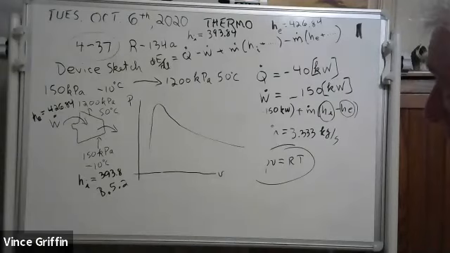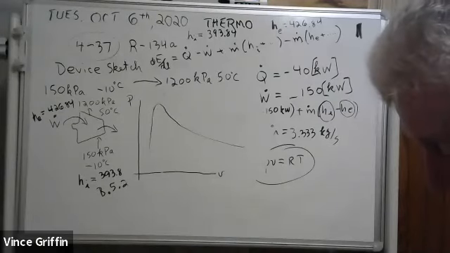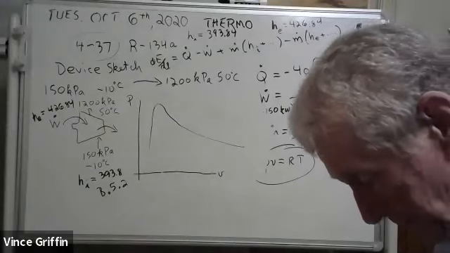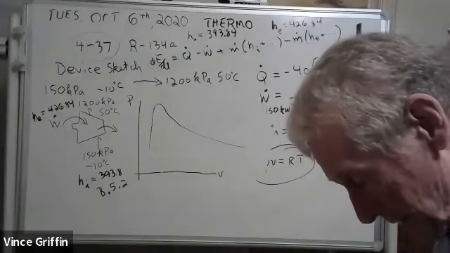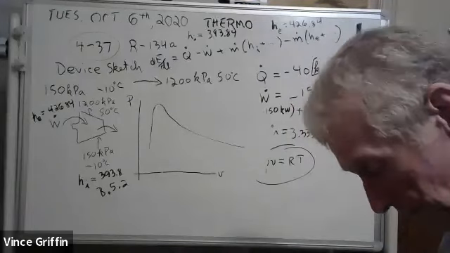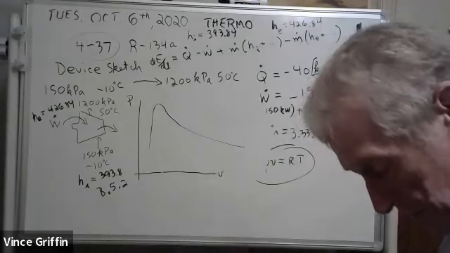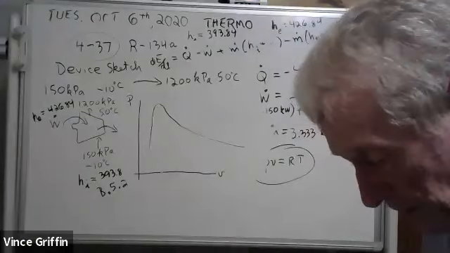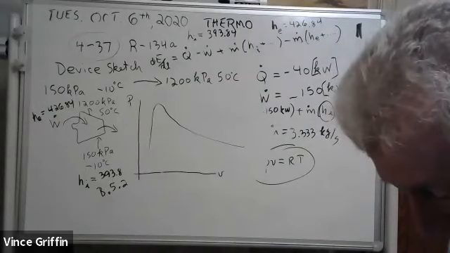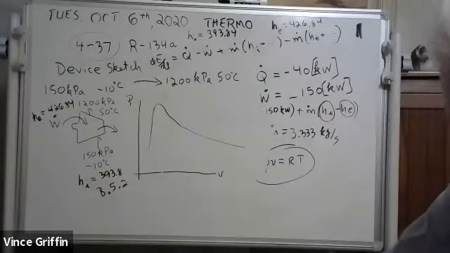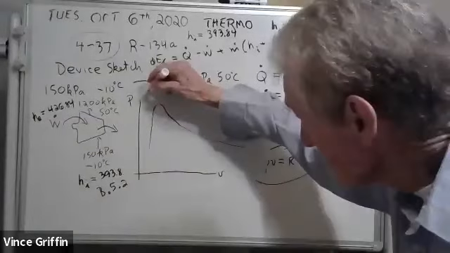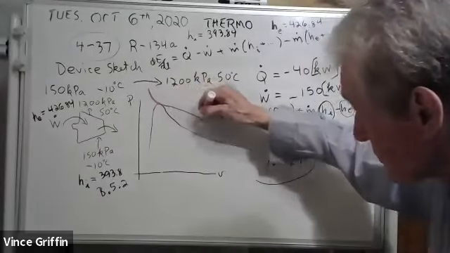Let me find this again. I got lost. R-134a. Okay, there it is. I'm going to go to the vapor dome table there for 134a and see this temperature up here is 101.2.